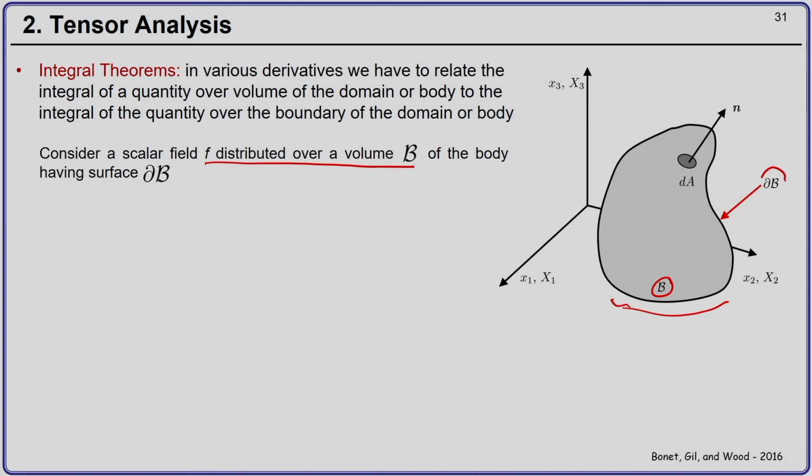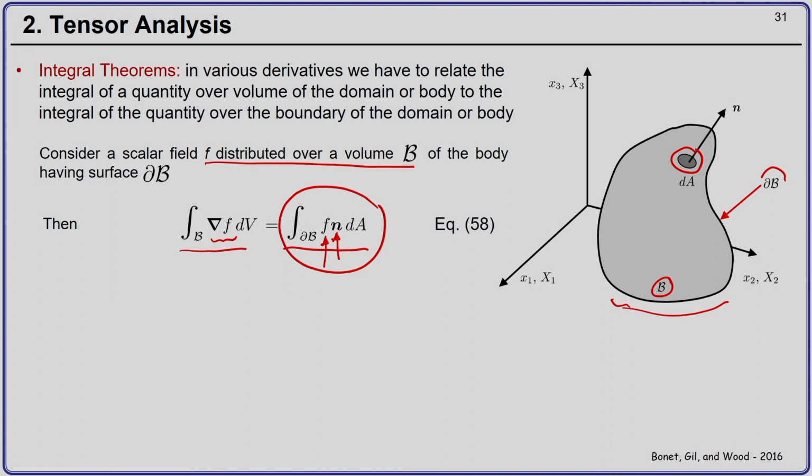Now, you want to compute the integral of the gradient of the scalar field over the volume, and this will be equal to the integral over the surface of the scalar field multiplied by normal to a point on the surface, and then integrated over the entire surface, where n is the normal to this infinitesimal area dA.